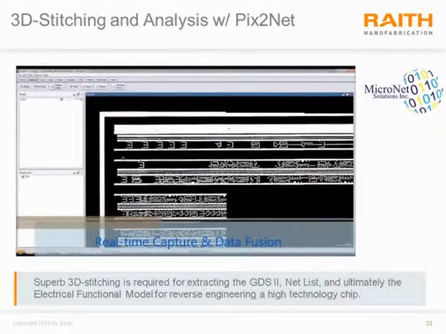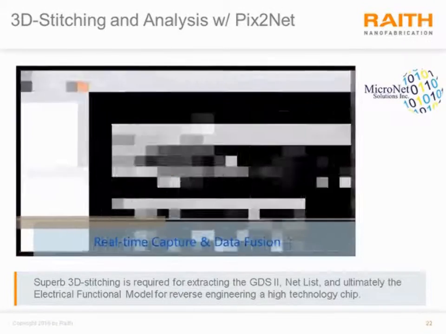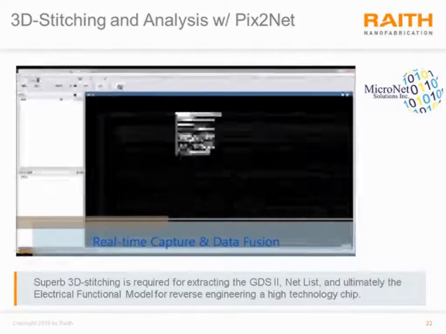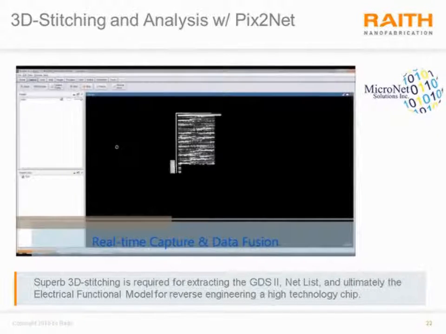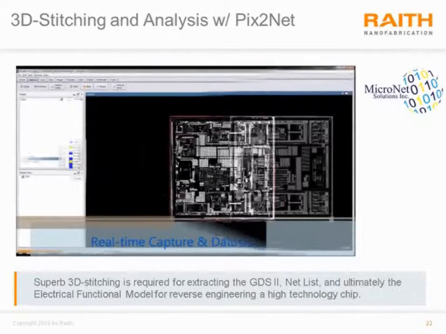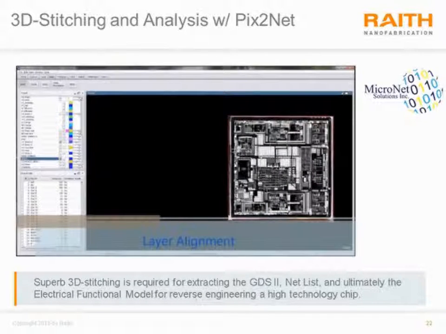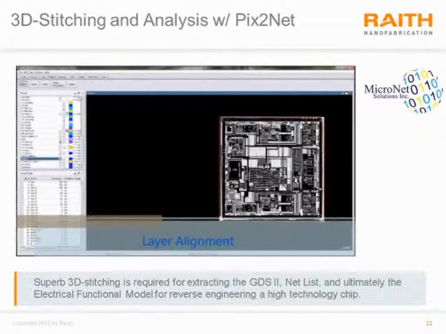This allows the user to occasionally monitor the chip scanner's imaging progress. Furthermore, the PIX2Net software is also capable of aligning different layers of scanning electron microscope images. This is a very large area image that is stitched together, one layer being overlaid and aligned on top of the other.